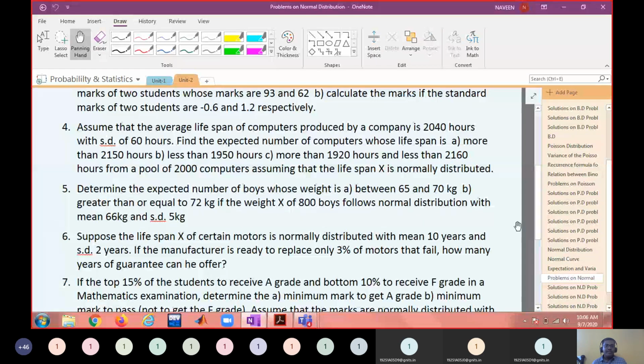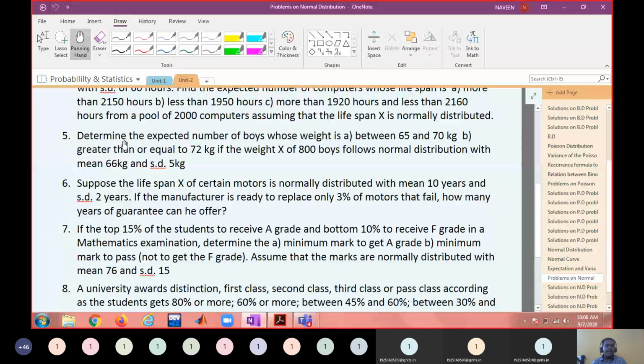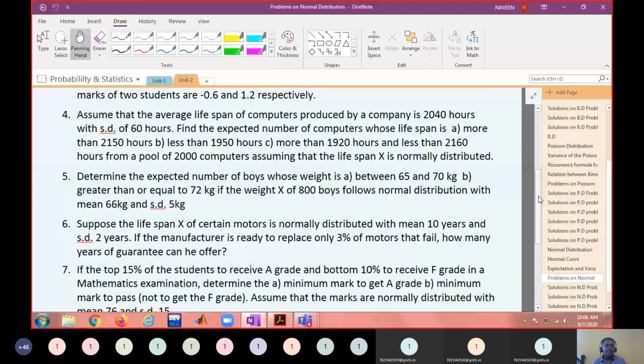And I think the fifth one is similar. Determine the expected number of boys whose weight is in between 65 and 70. That is the first question. Greater than or equal to 72 kgs is the second question. The weight of 800 boys follows a normal distribution with mean 66 and standard deviation 5 kgs. Is it not just similar to the fourth problem?